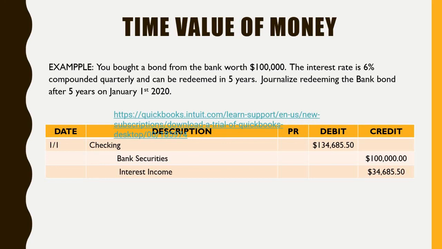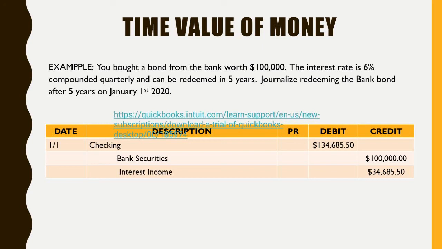We're going to claim that extra money. We're going to claim that the original bank investment was for the $100,000, but we got interest income. We earned interest on this bank security, and we earned $34,000.